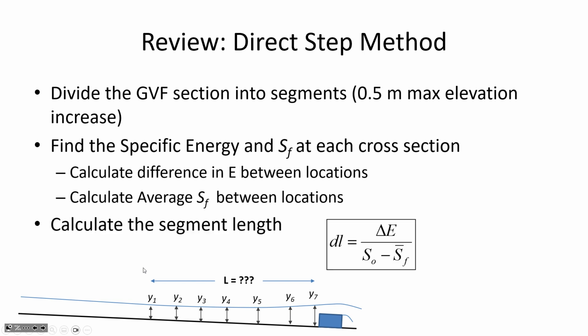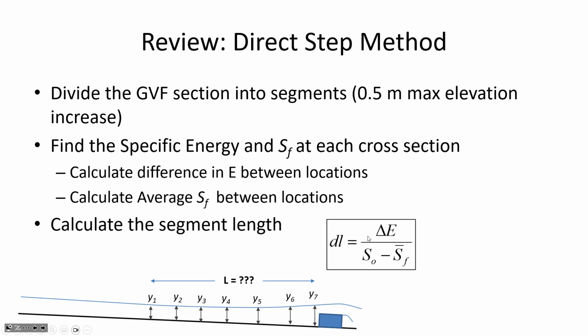So we can go through the process of finding the specific energy at each of the cross sections and at the midpoint, and then using that to relate the distance between points where there's a certain amount of specific energy changing. So the delta E that it's talking about is the difference between, here at 6 and 7, the depth plus the velocity head minus the depth plus the velocity head. So that's the delta E between 2 segments.